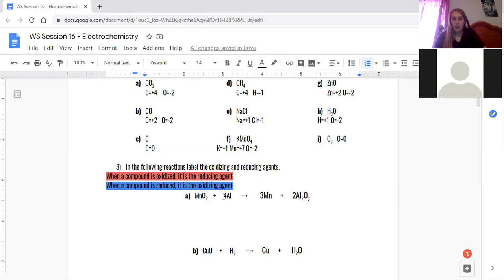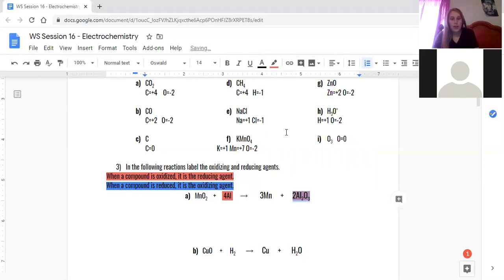So it's going to be oxidized because its charge is increased from here to here. So aluminum is oxidized, therefore it is the reducing agent, which makes it red. And so we're going to do that.